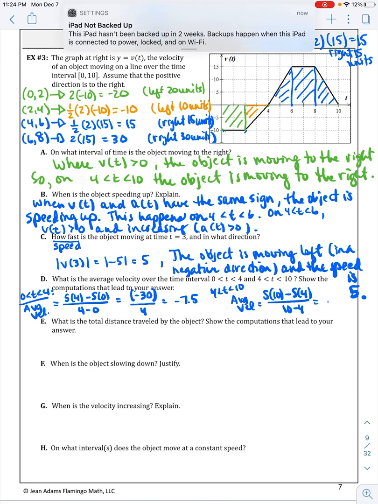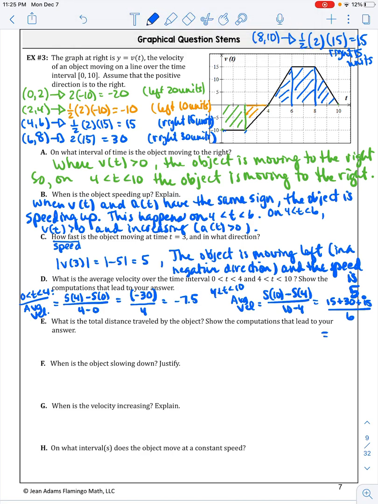So 15 plus 30 plus 15 divided by 6. And so that's going to be 60 divided by 6, which is 10. So that is your average velocity for that interval. They didn't give us units, so we don't have to put them on there. But remember, this is basically your distance divided by your time.